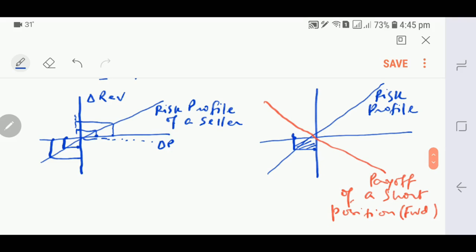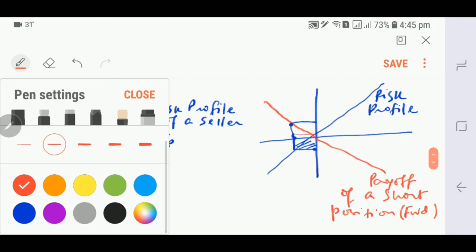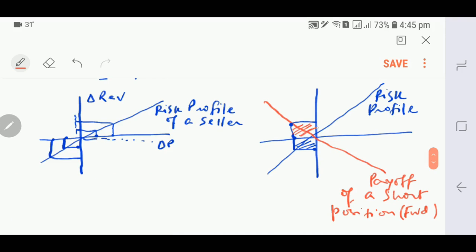At this price level, the payoff from the short position on a forward contract is this, and therefore you gain this amount. So let's change color here again. So this would be the gain. So what we are seeing is that this loss here is being offset by this gain here, and you are fully protected against the price risk.